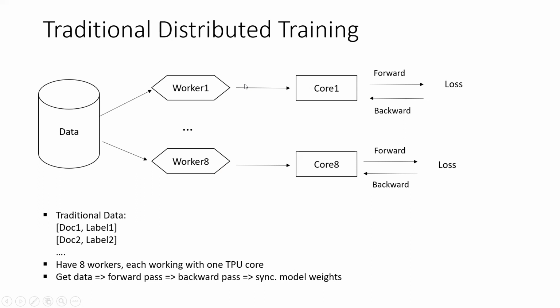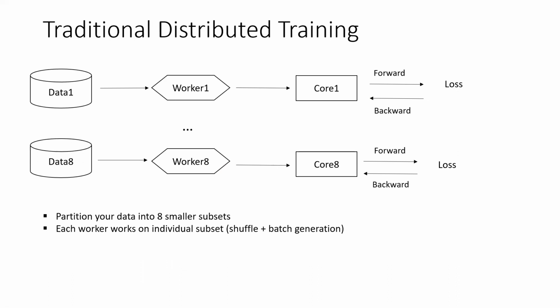And this is quite easy when you have traditional data, like some classification tasks. So you have input 1, some document and some label, and then document 2, some document and some label. That's the traditional setup. And how you do it in Pytorch typically is you split your data set into 8 smaller subsets.